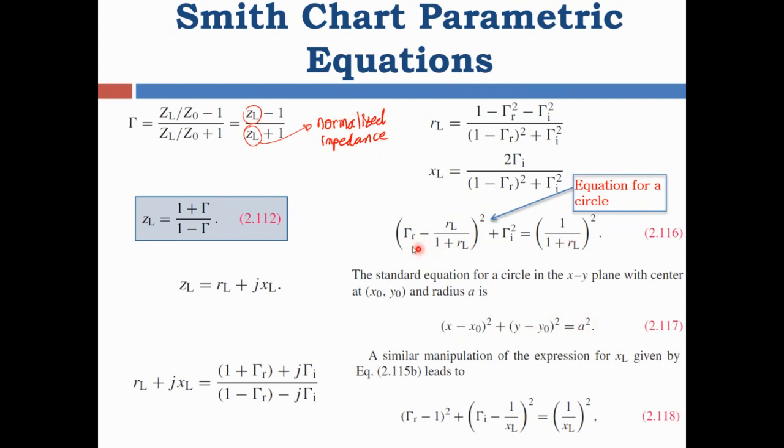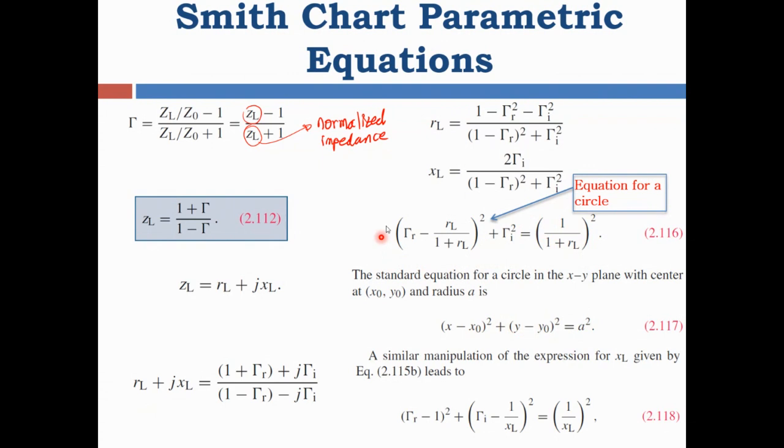So this is a circle, with the center of this as your x0, and the y component of the center in here is 0 because it is just gamma I to the power of 2, y squared. So there's no y0, equal to the radius to the power of 2. The radius is going to be 1 over 1 plus the real part of gamma.